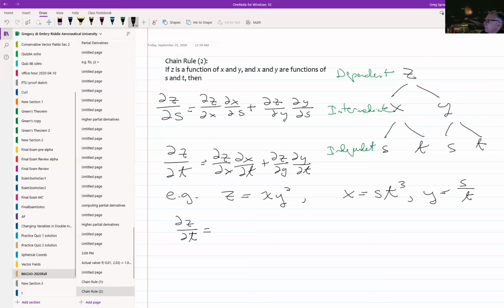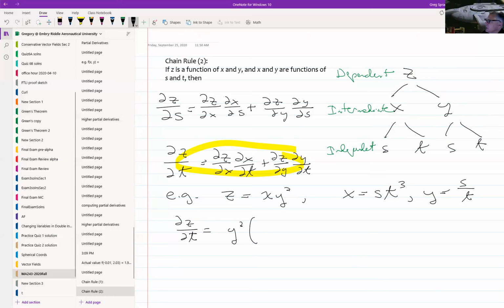Okay. So I'm going to use the bottom chain rule. So first thing I would do is draw the tree diagram, and then I use the tree diagram to write the chain rule. Now, del z del x is, let's see, y squared.